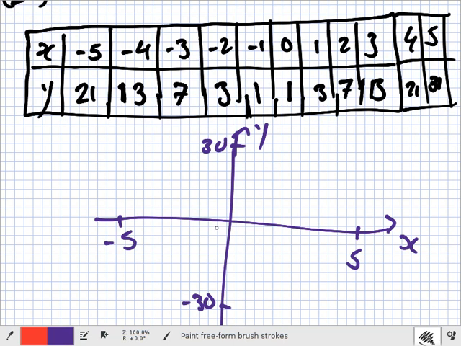So it must cross down between. I don't even think it crosses the y-axis. No, because all these are y positive. None of these are 0. Yeah, I'd say it might be something like this.